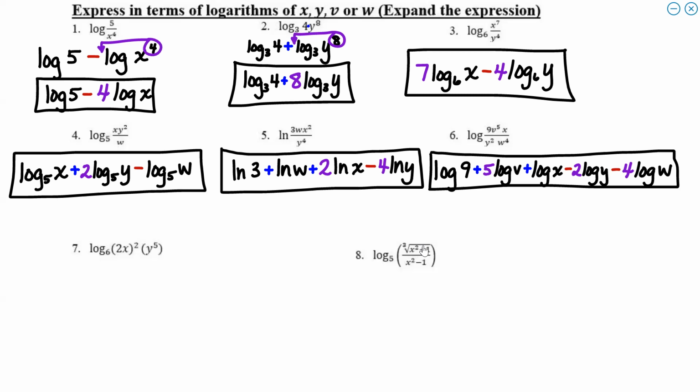Talk to me about this. What's going to happen with that first? Yeah, it's going to become a square root. So this right here would be log base 3 of 6x minus 5 to the 1/2, which is the exact same thing as the square root of 6x minus 5.